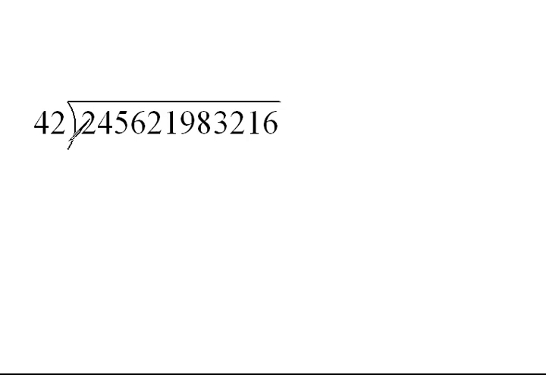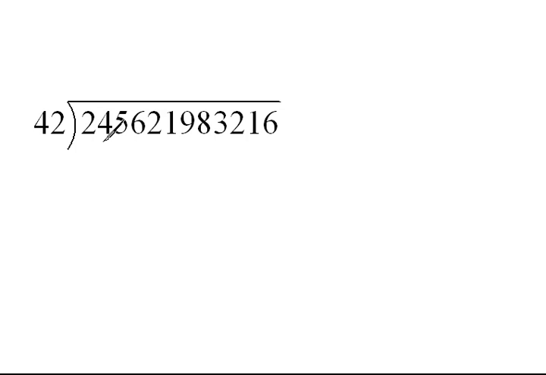Now, first of all, we say, okay, 42 won't go into 2. It won't go into 24, but it will go into 245. So the very first step is we're looking to see how many times this will go into just the first few of those numbers. So let's see, what do we know?